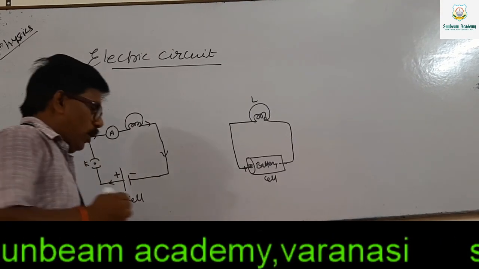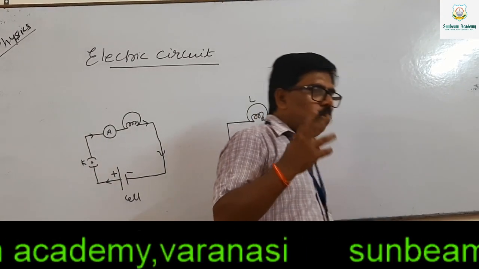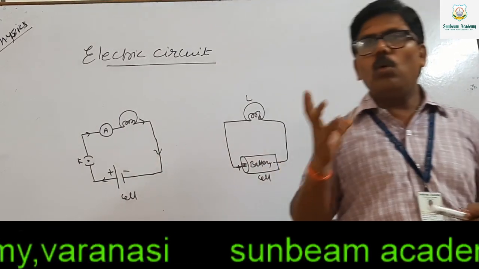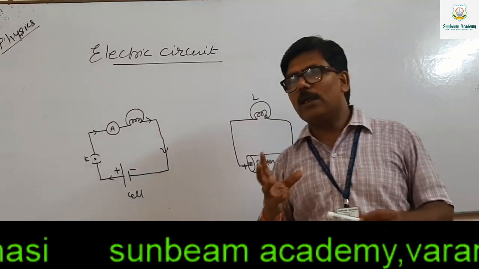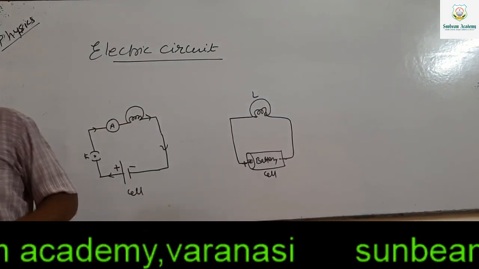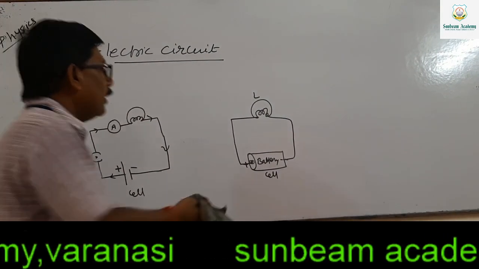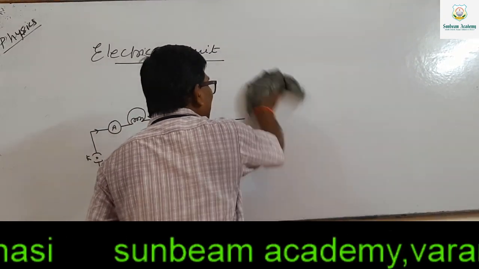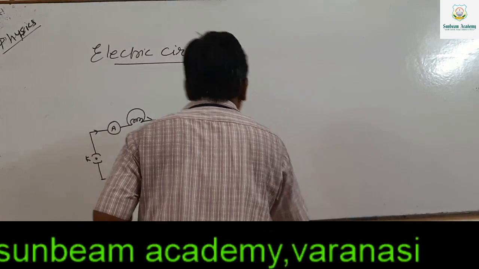Now, electric circuits are of two types. You know that, open electric circuit and closed electric circuit. Open means where no current is flowing through the electric circuit.